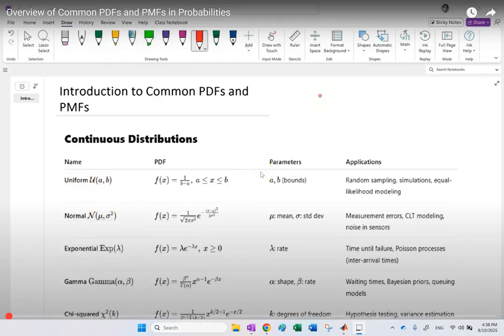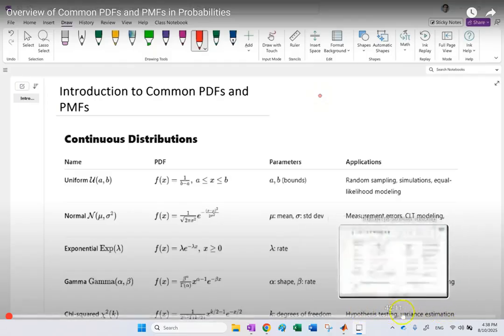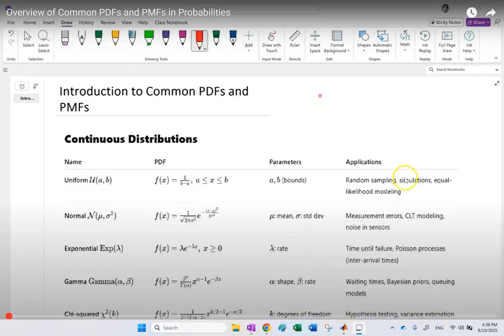You have the chi-square distribution, which has the parameter k, the degrees of freedom. You can see the applications are for variance estimation, hypothesis testing and so on. So one of the things that we do in hypothesis testing in Kruskal Wallis is clearly use the data here to find the H critical. If you want to know more about it, refer to this video. I talked a little bit about the chi-square and its applications and formulas.